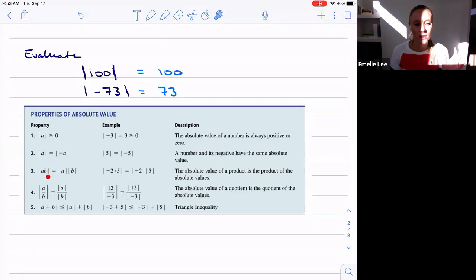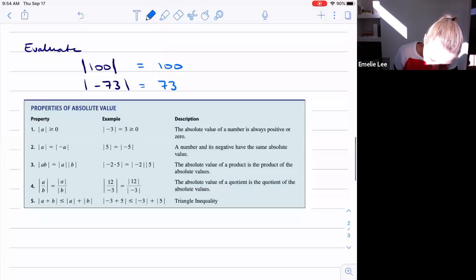So if we're multiplying or dividing and taking the absolute value, then we can just break those up, right? So it's one of those instances where we're allowed to break up the absolute value as long as you're multiplying or dividing, right?